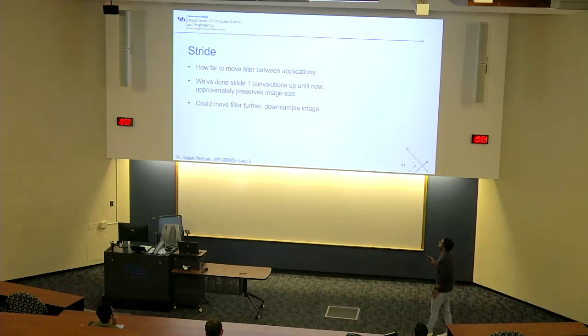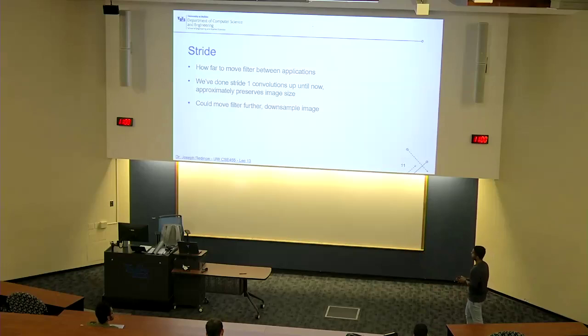Another parameter for how we use our convolutions is by how far we move the filter at each step. The way we applied it so far was with each convolution, we moved it just 1 pixel between applying them, but we can choose to have larger strides.